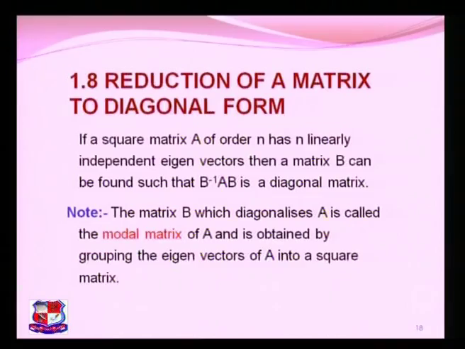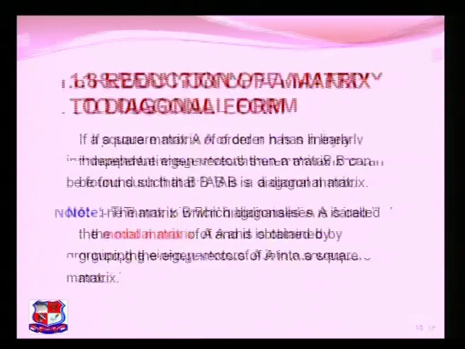And by B inverse into A into B, we will get the diagonal matrix for any given matrix A. As we have discussed in the note, the matrix B which diagonalizes A is called the model matrix of A, obtained by grouping the eigenvectors of A into a square matrix, right?